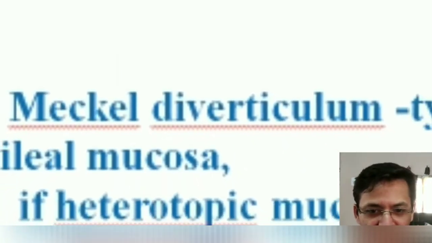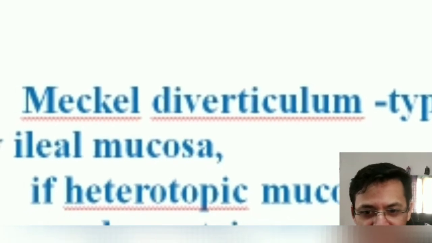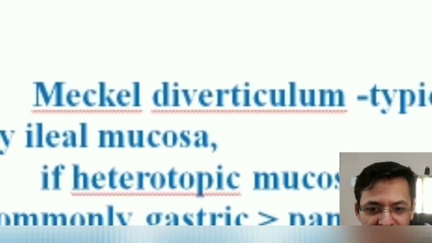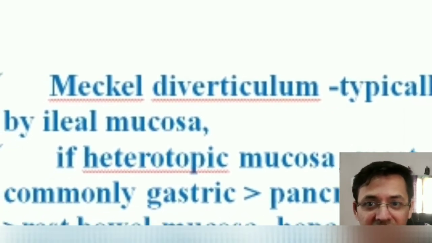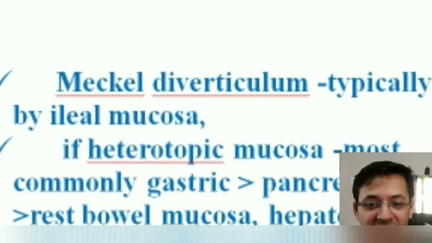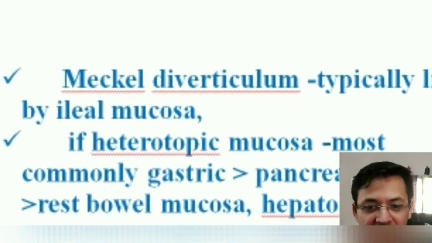Meckel's diverticulum is typically lined by ileal mucosa in most cases, but if there is heterotopic mucosa, it would most commonly be gastric, and that gives rise to symptoms, that is GI bleed with unexplained anemia or hematochezia, most commonly in young children.